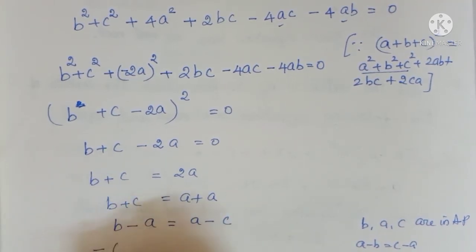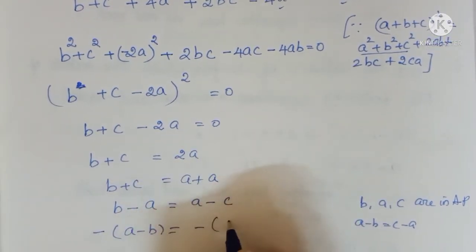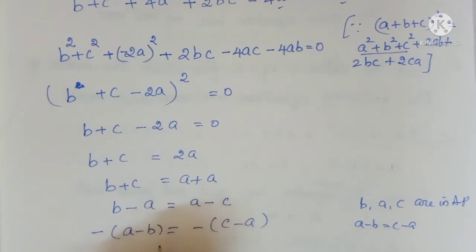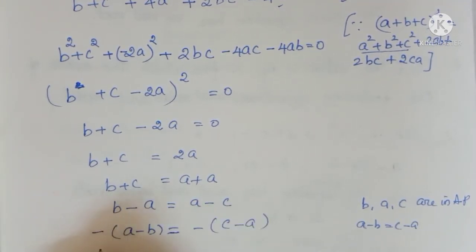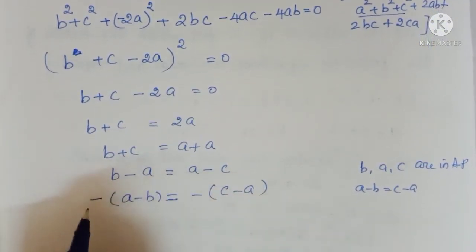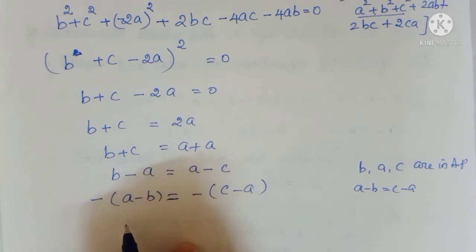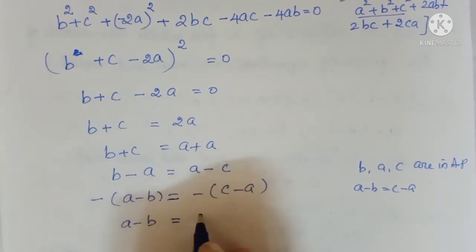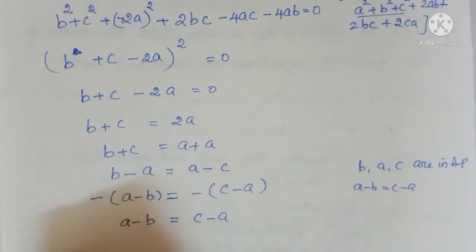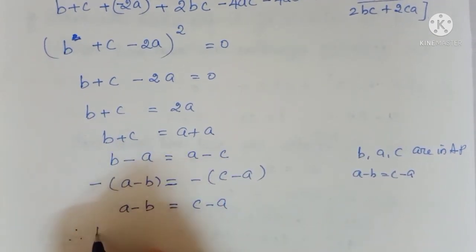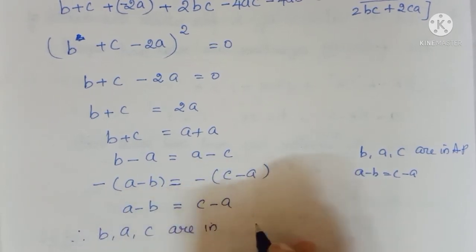So minus of A minus B is equal to minus of C minus A. In an equality condition, both sides having the same sign means we can remove these two signs here. So you will get A minus B is equal to C minus A. So that means the same concept you are getting now. So we can write the conclusion. Therefore B, A, C are in arithmetic progression.